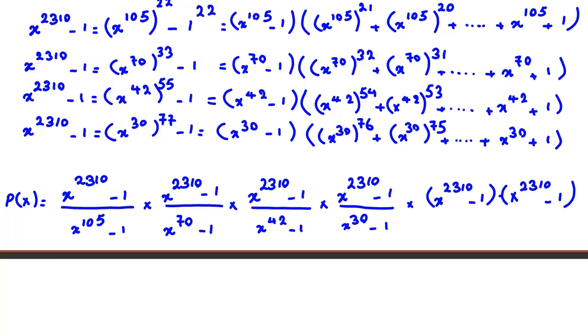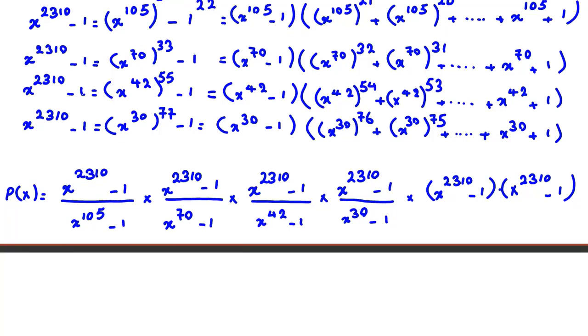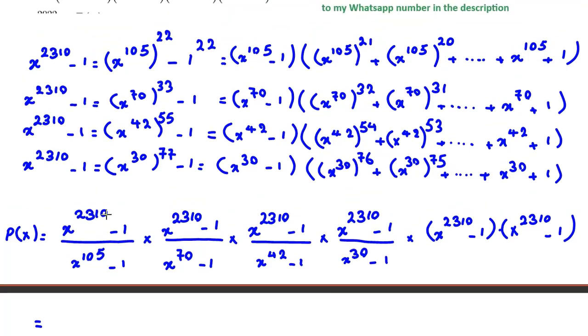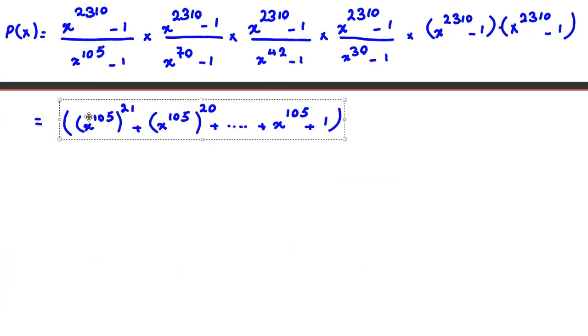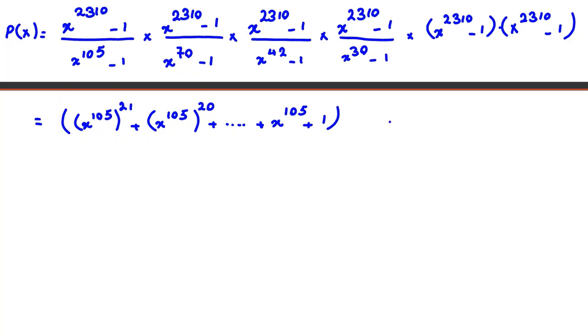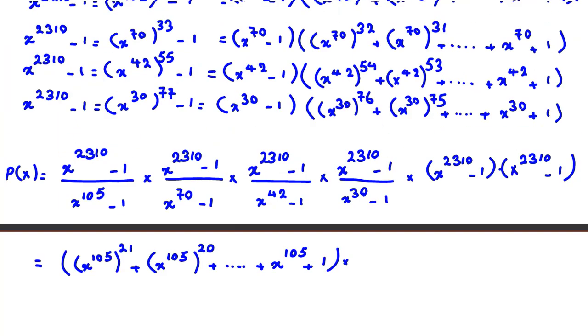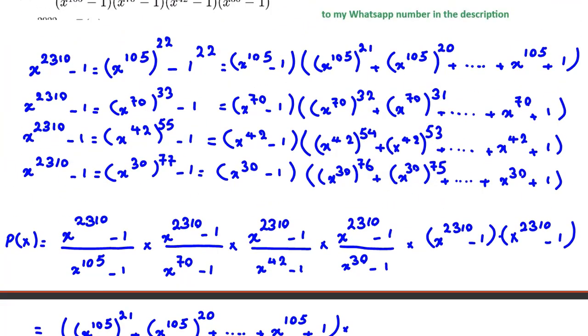Okay, now we can write p of x by using these four equations. For the first one, we can copy each of them. x to the 2310 minus 1 over x to the 105 minus 1 will be this. So the first fraction will be this one times the second one, 2310 minus 1 over 70.